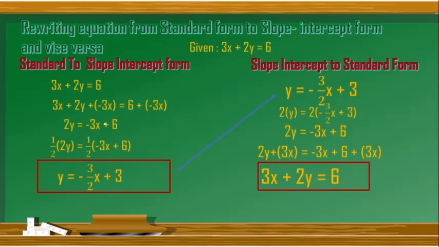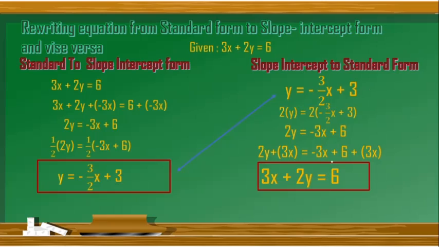As you can see, what we did is just rewriting the equation from standard form to slope-intercept form. Okay, did you get the idea? What we are doing here is converting the standard form to slope-intercept form, and from slope-intercept form, we convert that back to standard form.